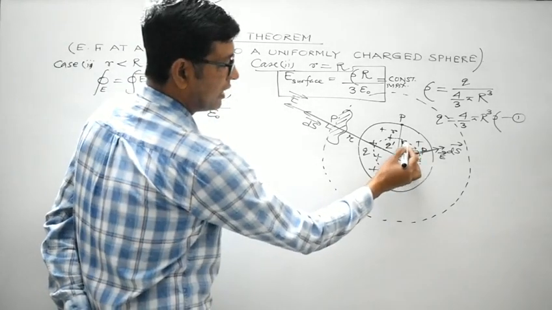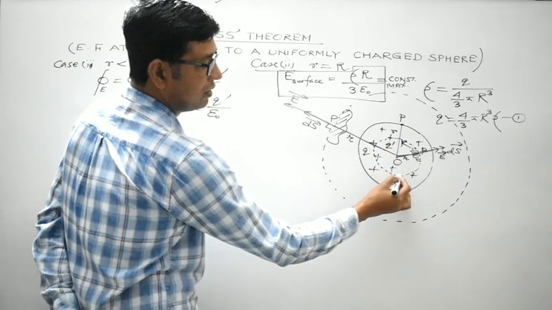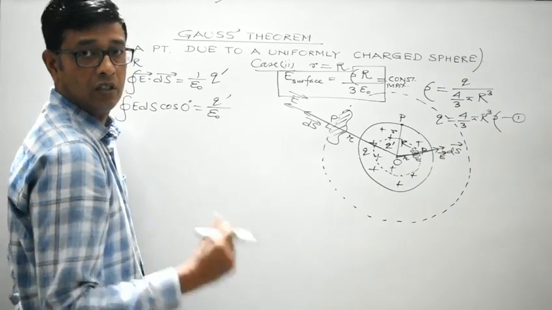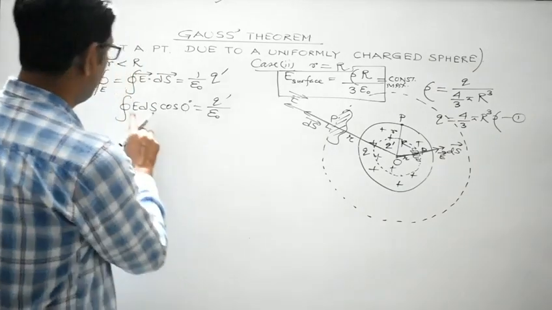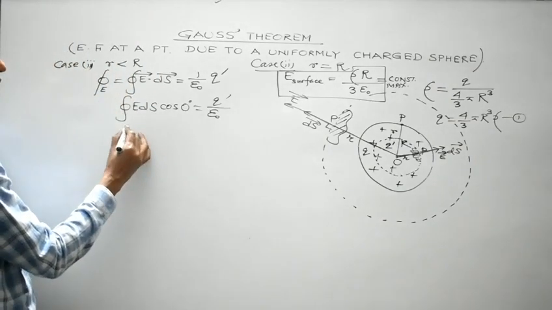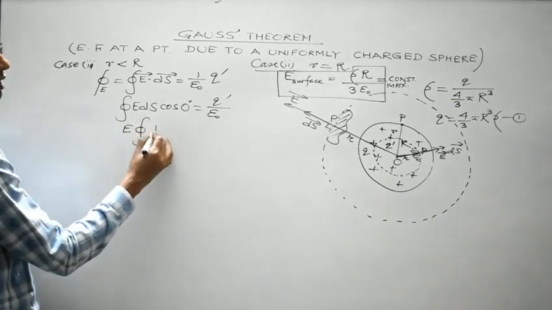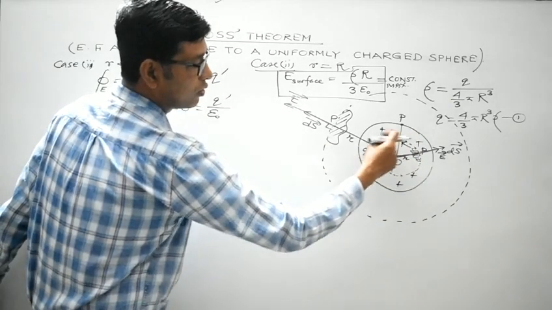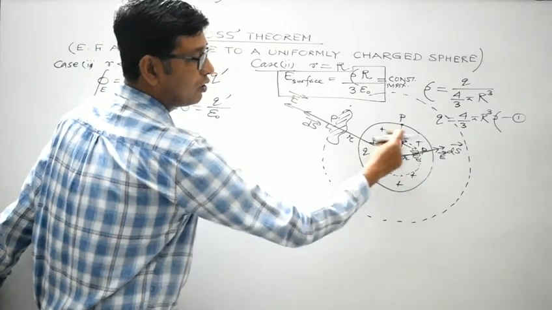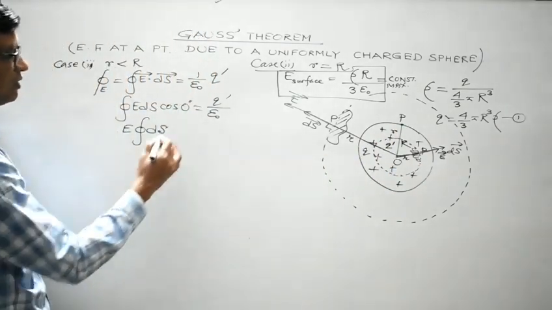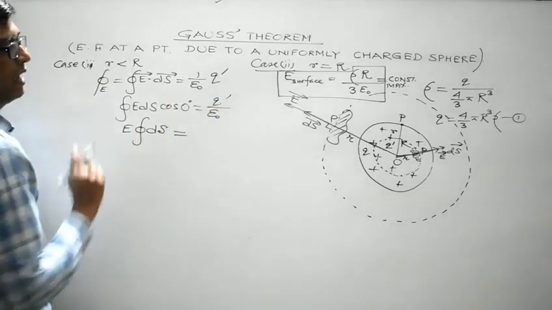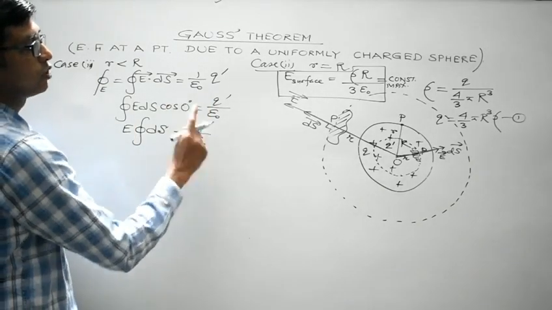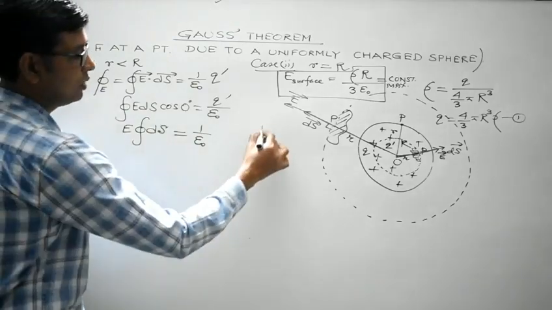Again, the electric field at any point on the Gaussian surface, being equidistant from the center point O, will be constant, so it can be taken outside. Integration of ds will give us 4 pi into small r square. It will give us the total surface area of the Gaussian surface under consideration. Q dash we can represent in terms of Q. How to represent it?